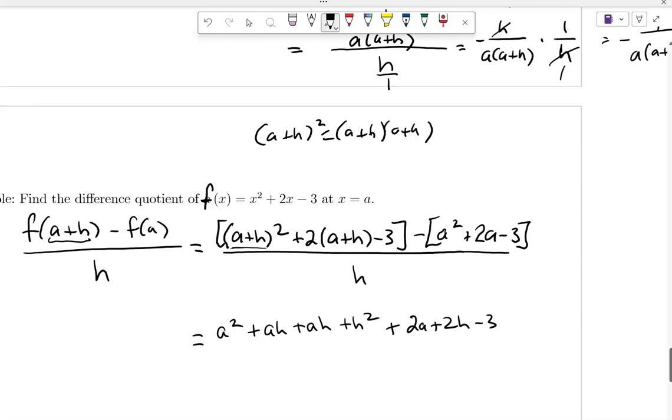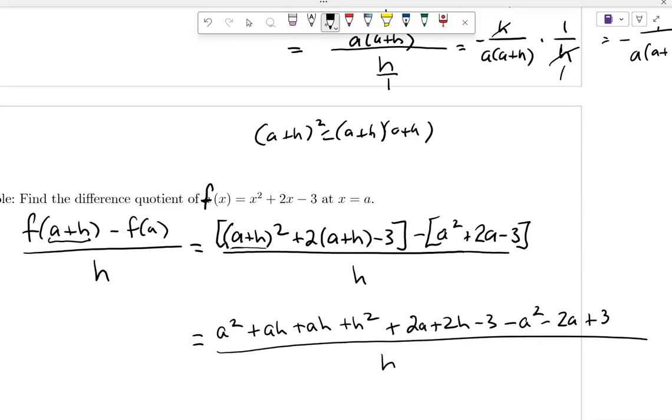And then I need to distribute the minus sign through in the second case. So it'll flip all those signs, oops, that's a minus 2a, on the second piece. Do you see anything that goes away? A squared goes away.